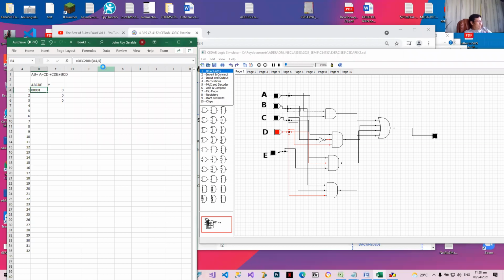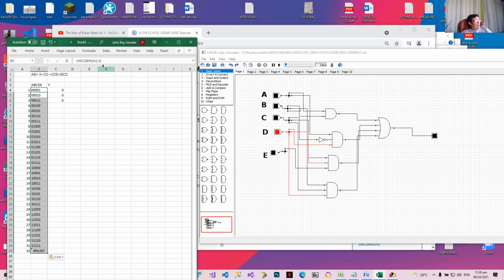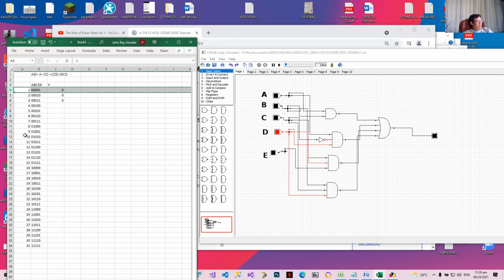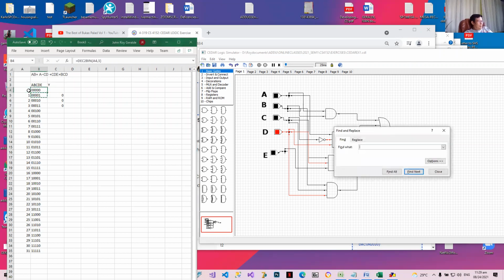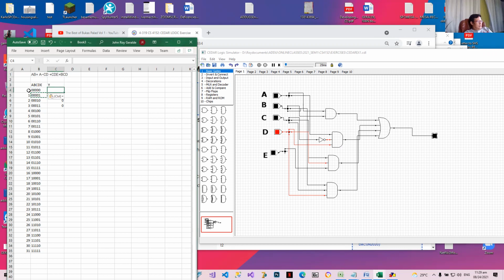Yes, that's 5. Okay. Wala na, hanggang 0 to 31 lang tayo. Kulang pala tayo ng 0, no? Copy this. This is a 0.